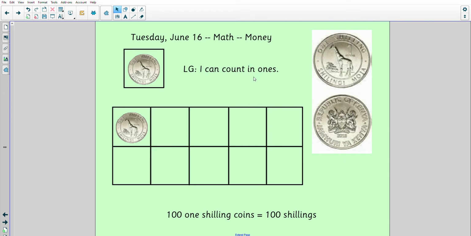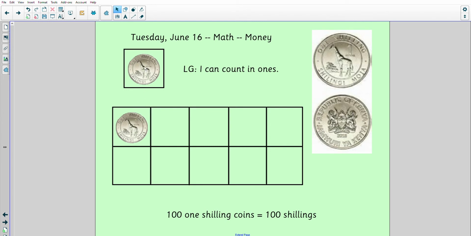Let's practice counting in ones. I've made us a 10 frame right here. So far, how many shillings do we have? That's right, 1. Can you help me count 1 by 1 up to 10? I bet you can. Are you ready?